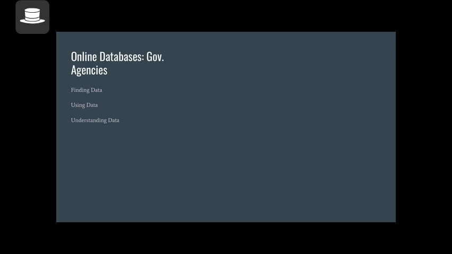So what we'll do in this unit is talk about some skills that will help you locate data and use the data at a general level, and then access the documentation necessary to make sense of the structure of the data.